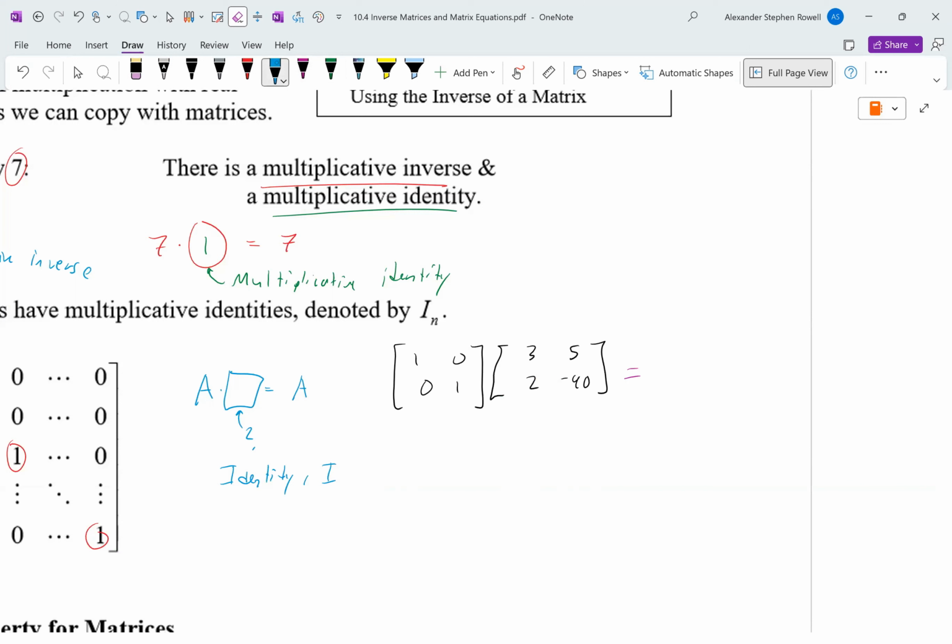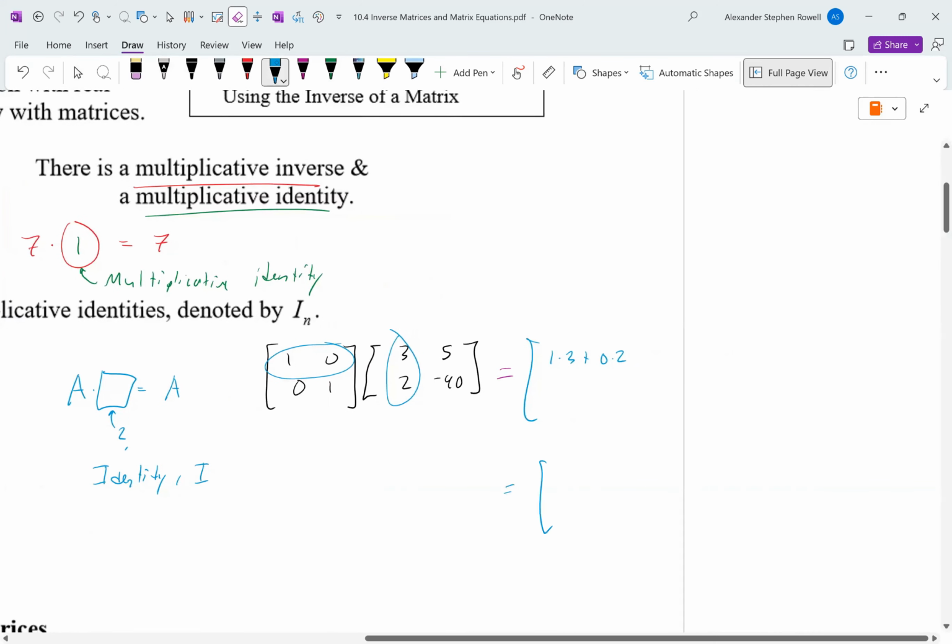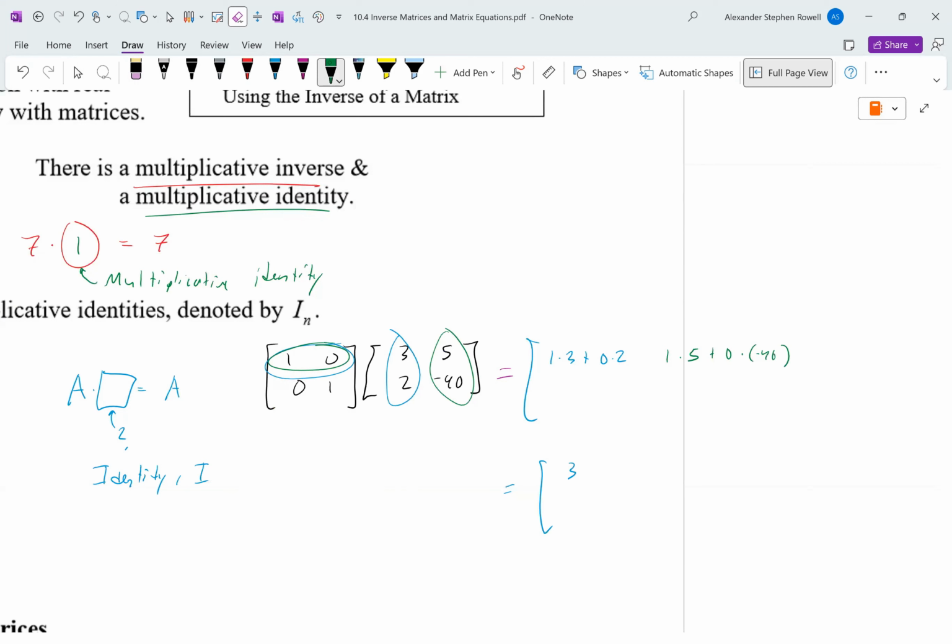Okay, let's try it. What do I get here? 1 times 3, 0 times 2. I get 3, right? Okay, 1, 0 times 5, -40. 1 times 5 plus 0 times -40, and we get 5. Then 0, 1 times 3, 2. 0 times 3 plus 1 times 2 is 2.